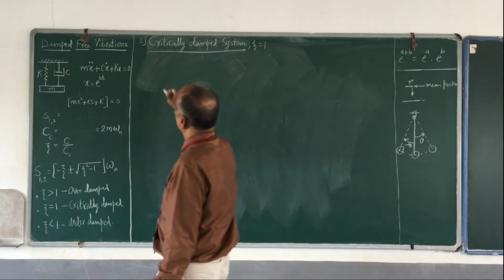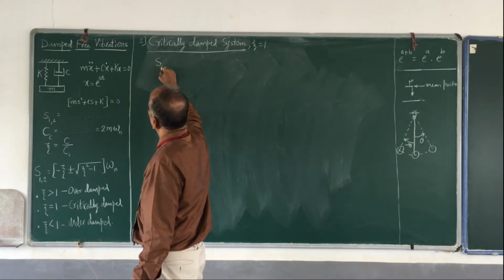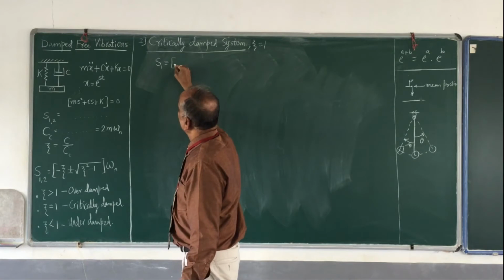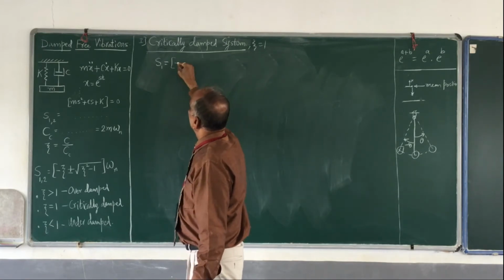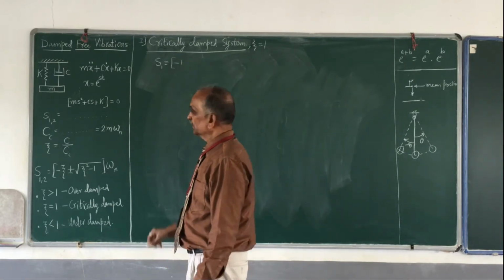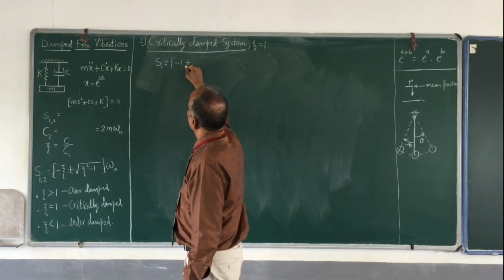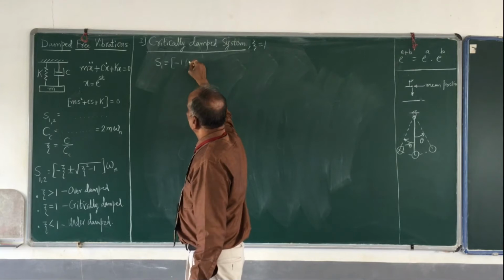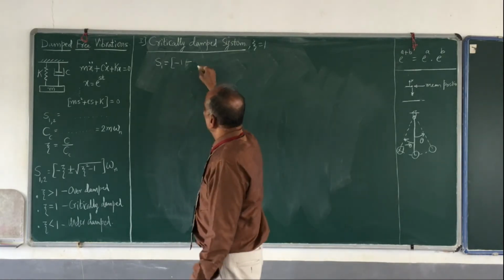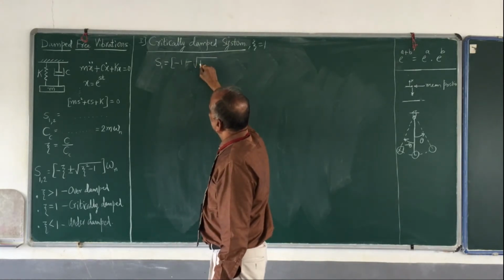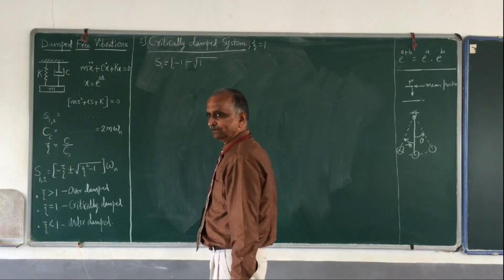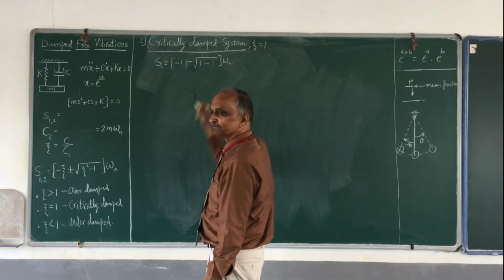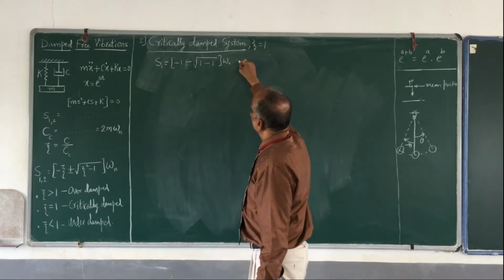Okay, no problem. So let me write down what is S1. It is minus zeta. Zeta is 1, therefore it is minus 1, plus or minus. So S1 means minus 1, smaller value, square root of zeta square, which is 1. 1 square is 1, minus 1. This multiplied by omega n. And what is S2?